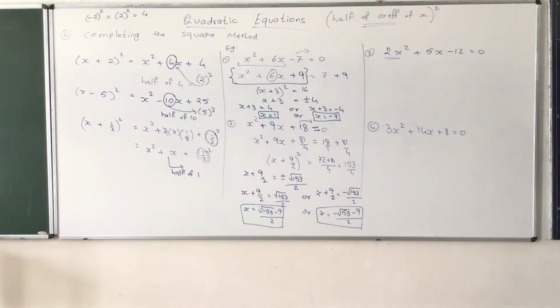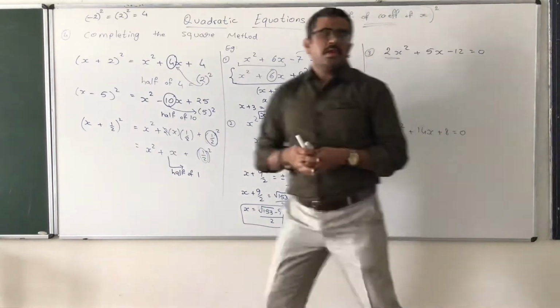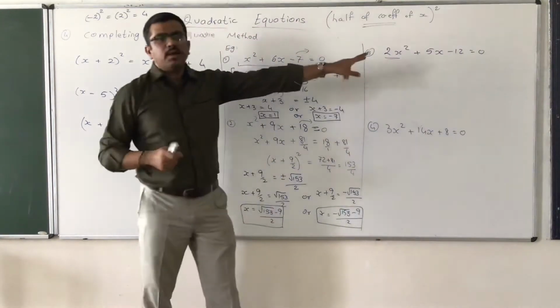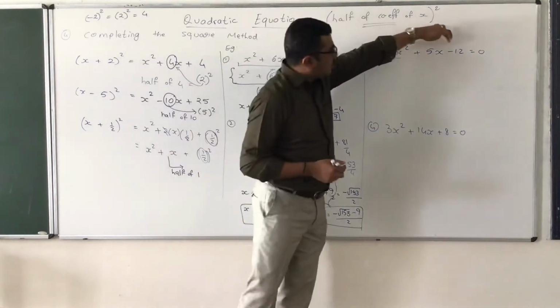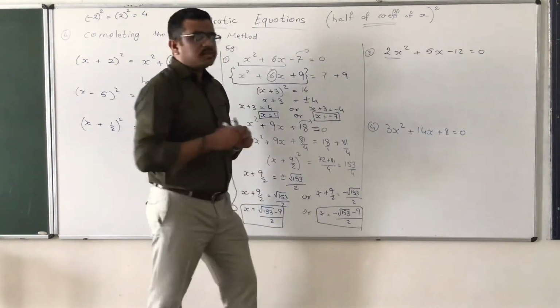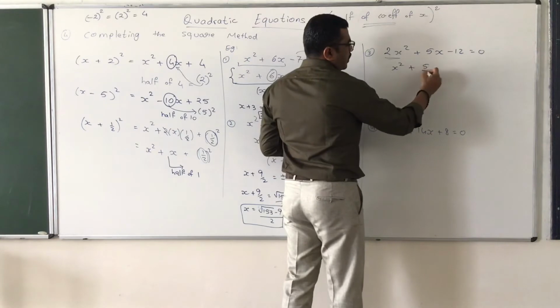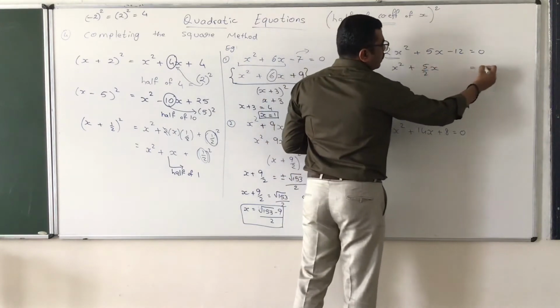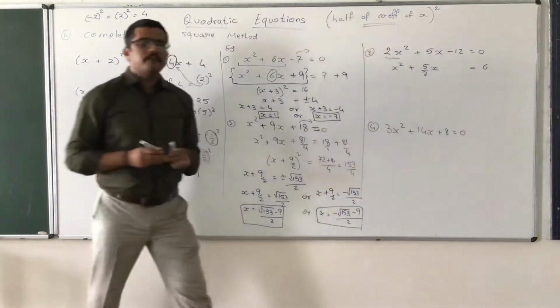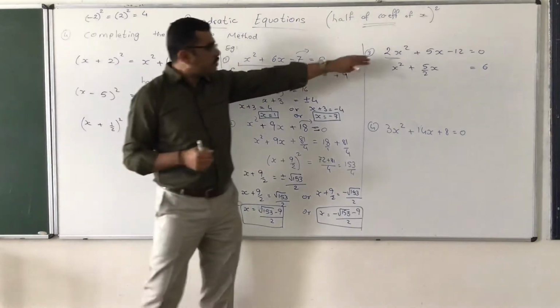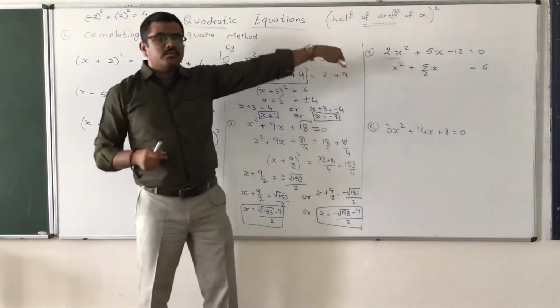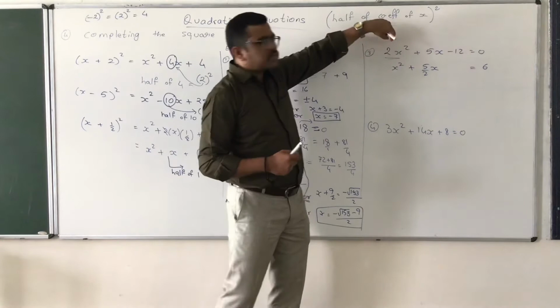And that can be done by dividing the entire equation by 2. And at the same time, if I take minus 12 to the other side, we have x squared plus 5 by 2 x equals 6. So the first step becomes division of the entire equation by the coefficient of x squared.